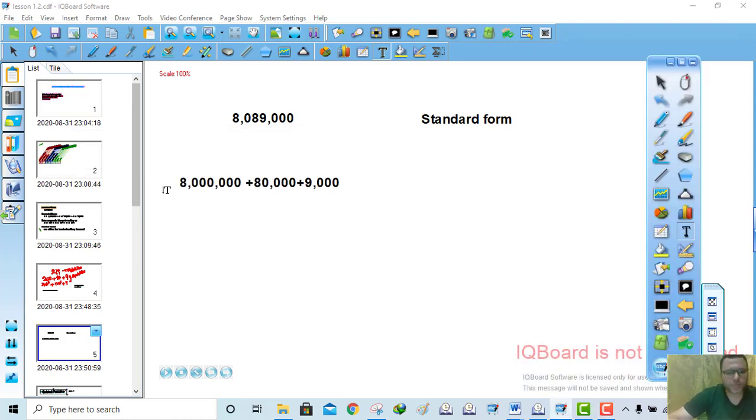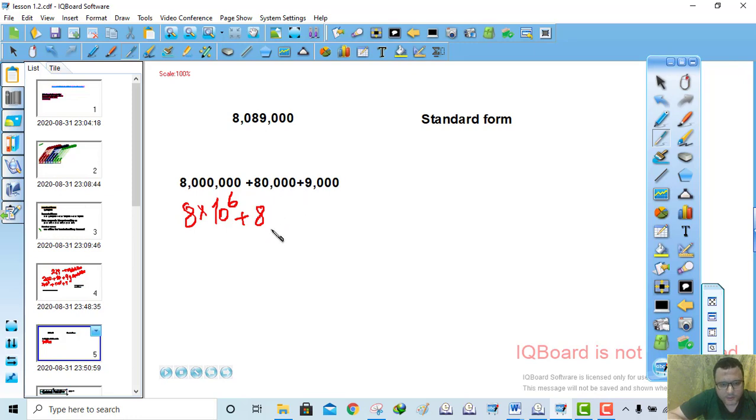So this number, which is 8 million, I can write as 8 multiplied by 10 to the power of 6, because here we have 1, 2, 3, 4, 5, 6 zeros. The other 8 here, it's in which place? The 10,000s place.